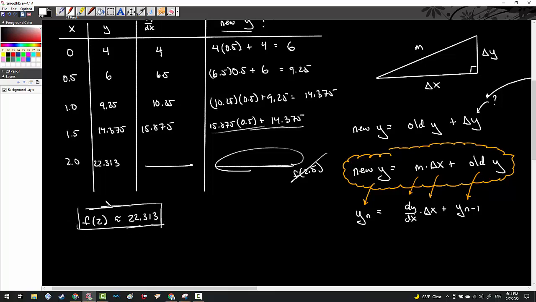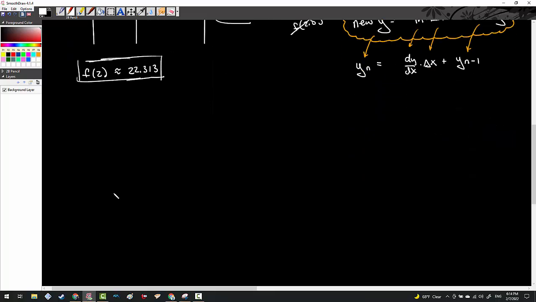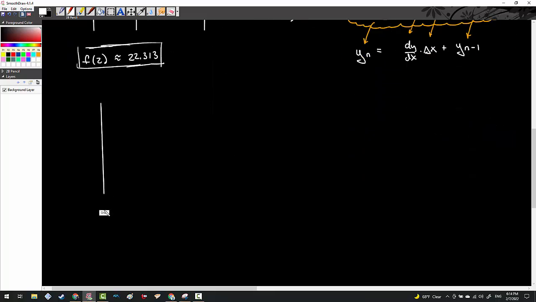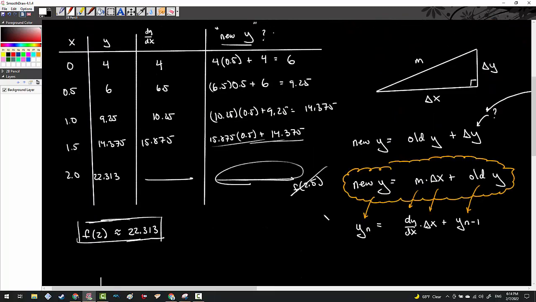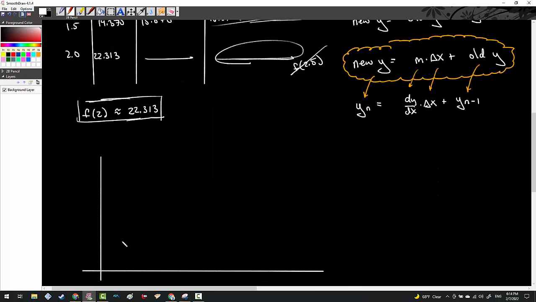And so what just happened here? Well, if we look at this as a graph, if we were to actually calculate all of these using slopes, I would put all these points in. So 0, 4, 0.5, 6, and so on. I'll just put those in.